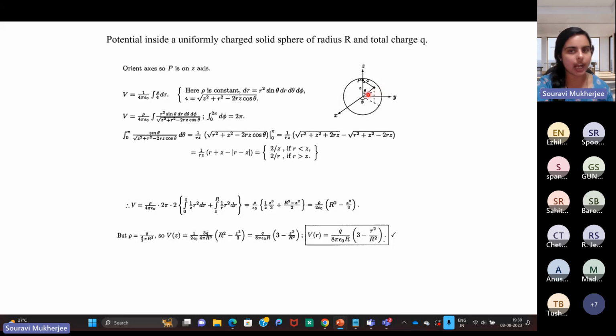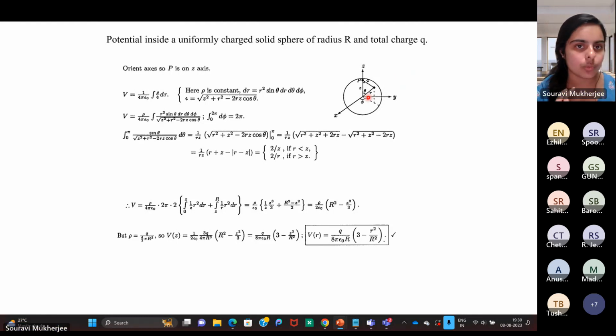But when you go outside the sphere, you have to again go back to the concept of the total charge enclosed within the volume. You have to use Gauss's law, and there we know what the potential would be, right? So it should be Q by 4 pi epsilon 0 small r, where r is your radial distance from the center.